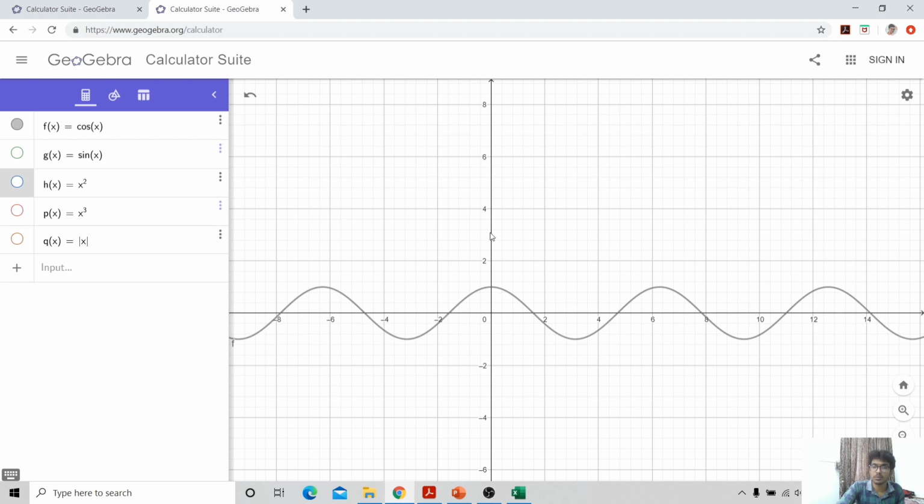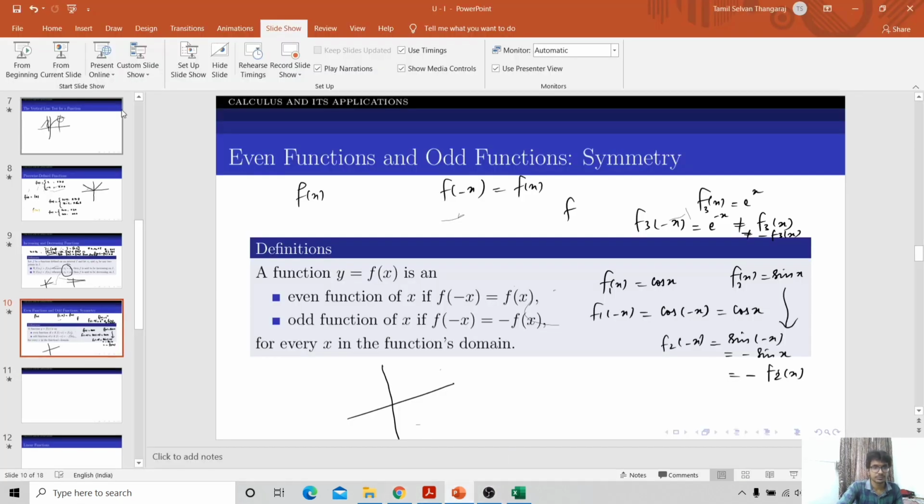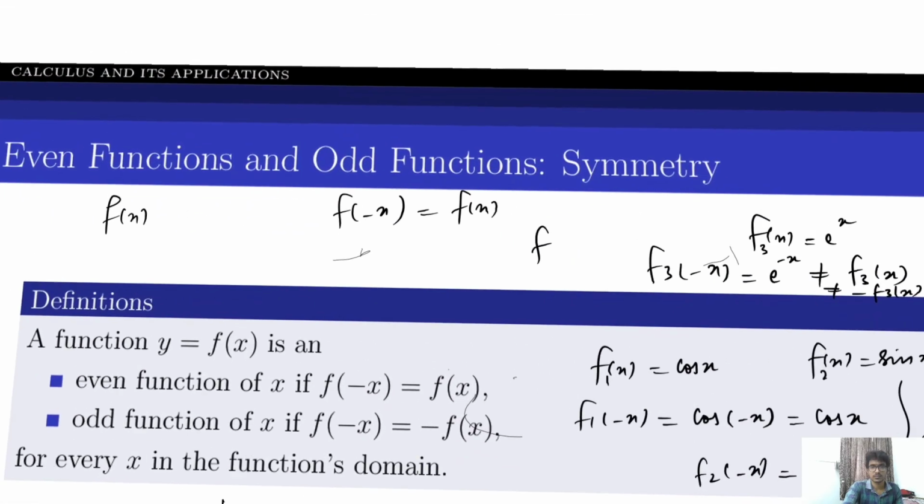So it is an example of function which is symmetric about y-axis but not passing through origin, right? So let us get back. If we want to work out few problems of checking these things, let us do.